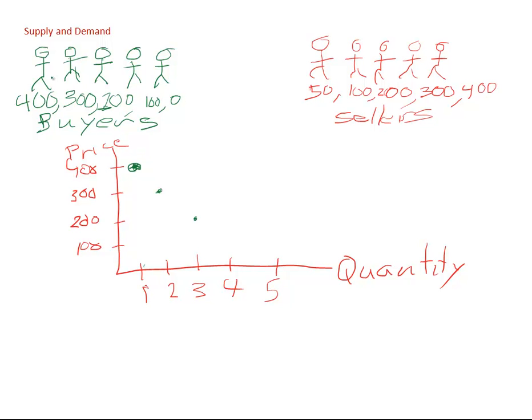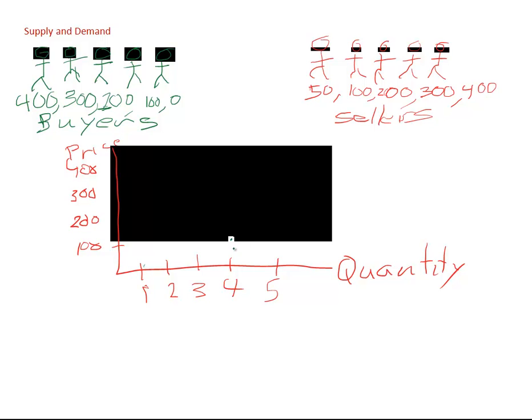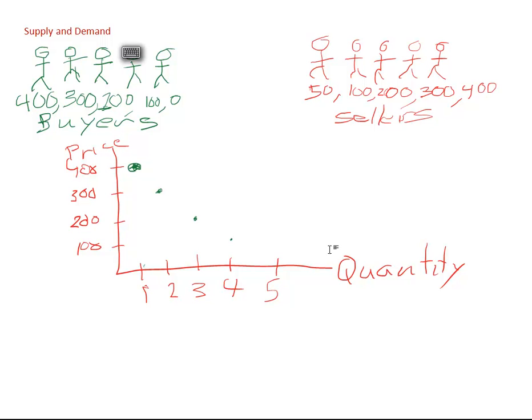At 100, it looks like we have these first 4 green little men or women. And then 1 at 500. Okay, I don't know why we're having a black box, let's get rid of it.